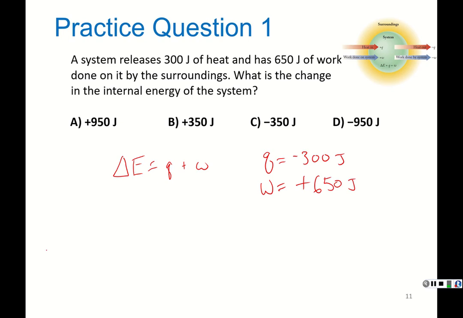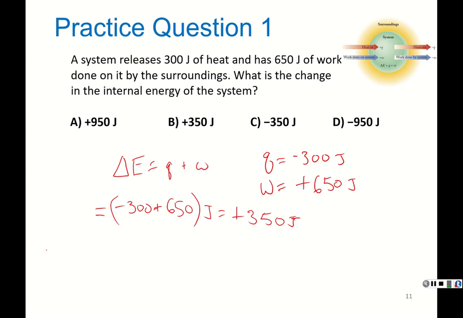Okay, so delta E is going to equal minus 300 joules plus 650 joules. Right, and when we do that, that's just going to be positive 350 joules total.